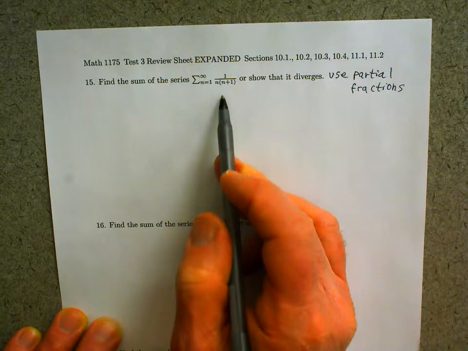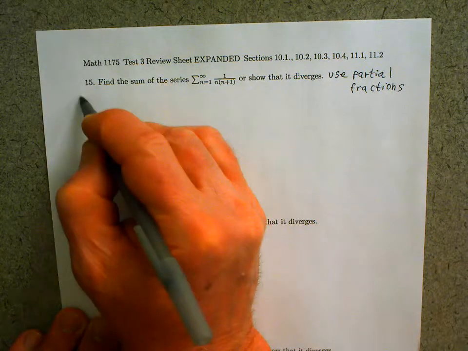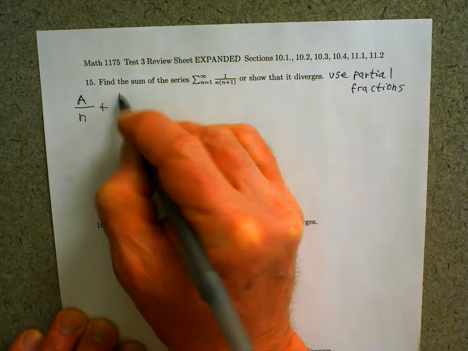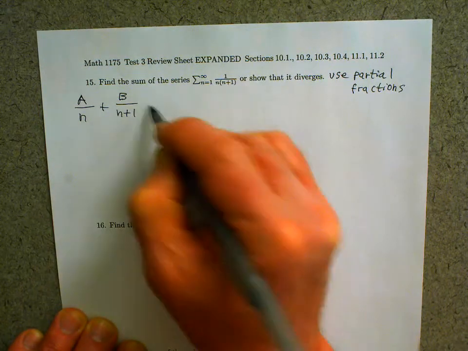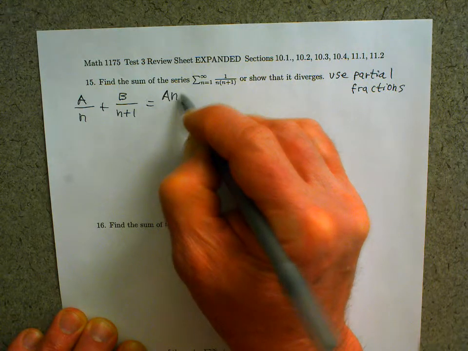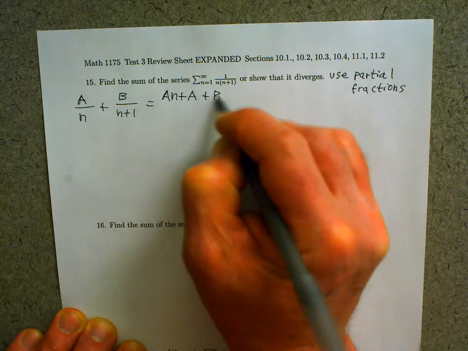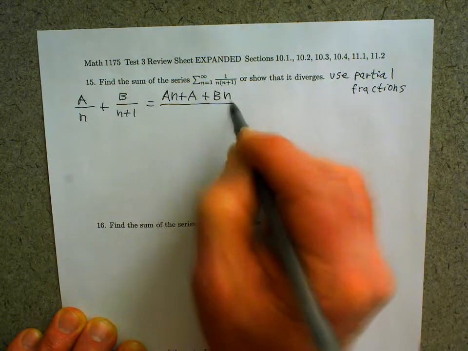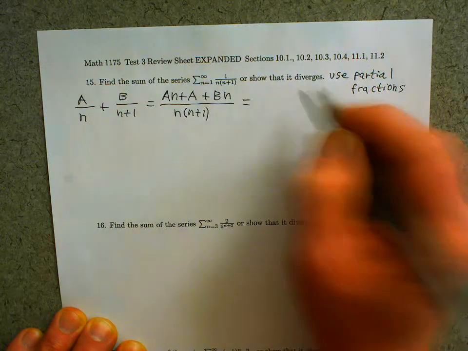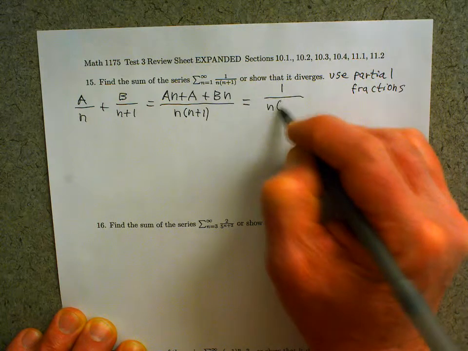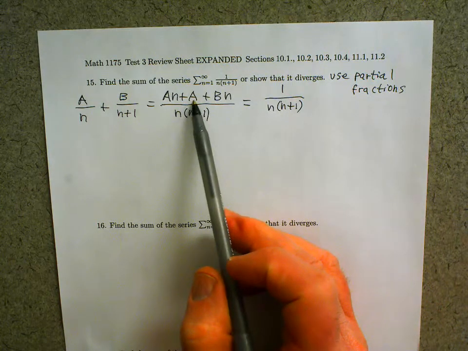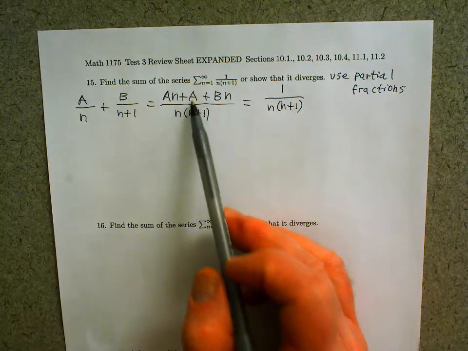So the two factors in the denominator are n and n plus 1. So we write a over n plus b over n plus 1. So with a common denominator, this becomes an plus a plus bn all over n times n plus 1. This has to be equal to 1 over n times n plus 1. So the only constant in this numerator is a.